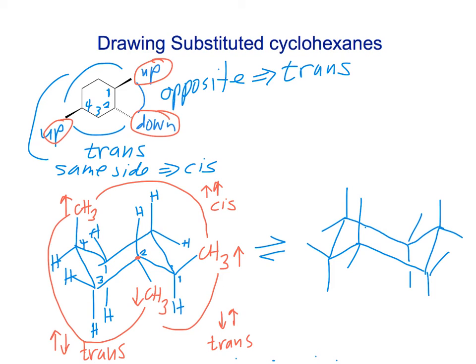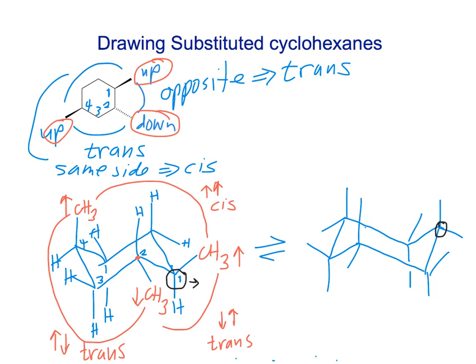Now the tricky part here is to realize that this position where I put position 1, notice that it's the carbon that's furthest to the right in the ring structure on the left. Okay? That position is going to remain the furthest to the right in our new chair conformation. So that's going to be this carbon over here.